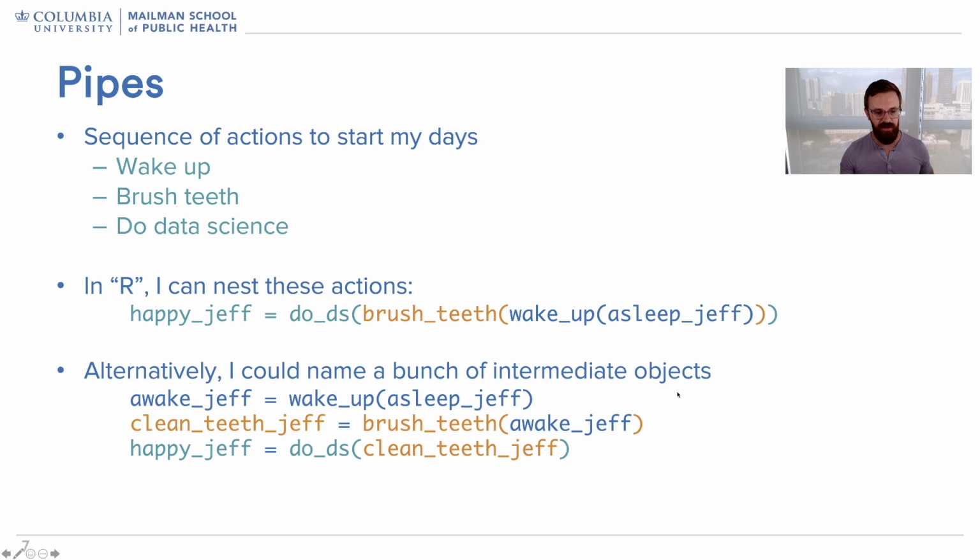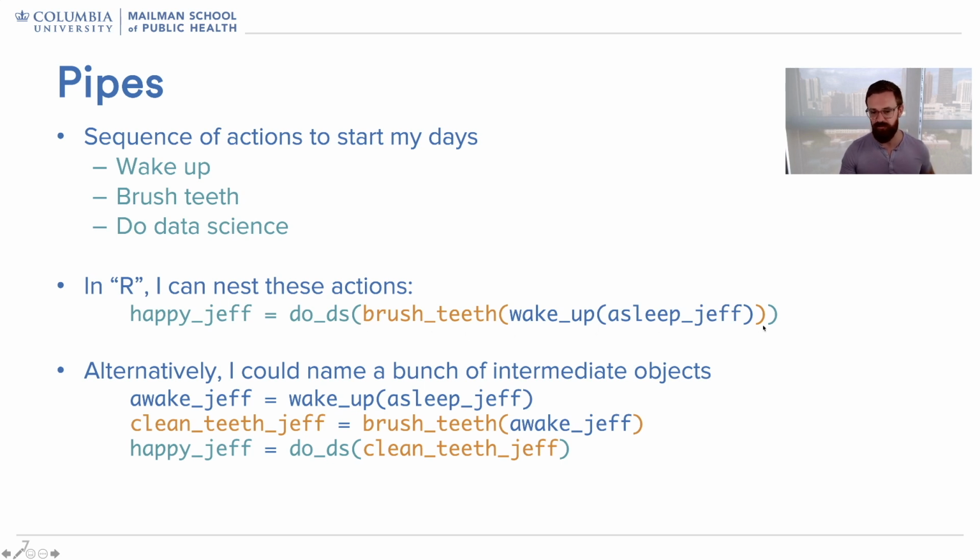And in R, I've got some pseudo code here. In R, I can nest these actions, where the first thing way over here is me when I'm asleep. Then I've got a function that says, take me when I'm asleep and make me wake up, and then I take the product of that and put it inside another function that's going to brush my teeth.